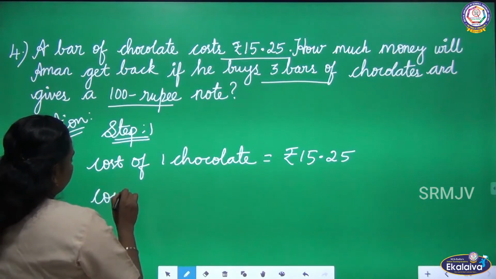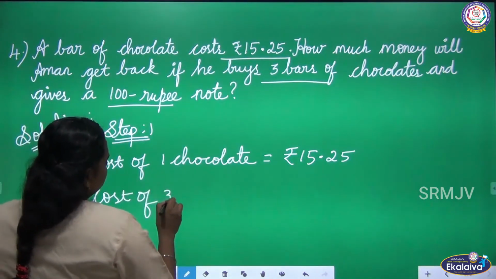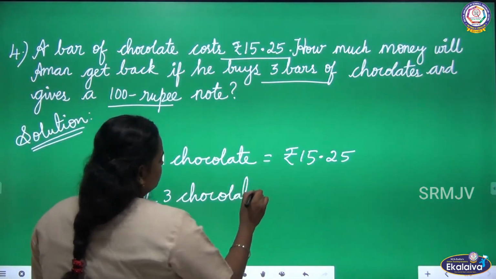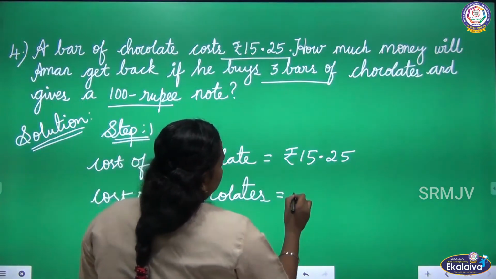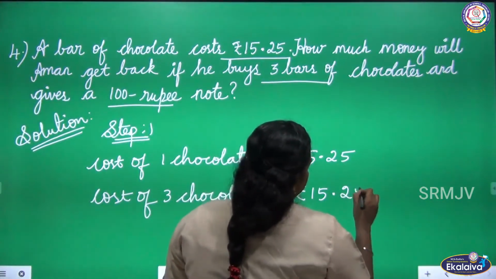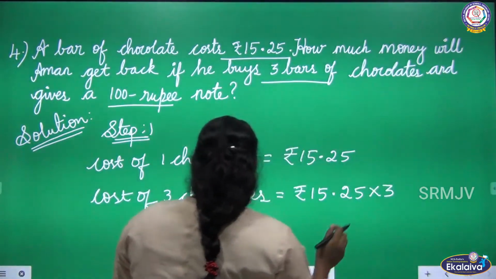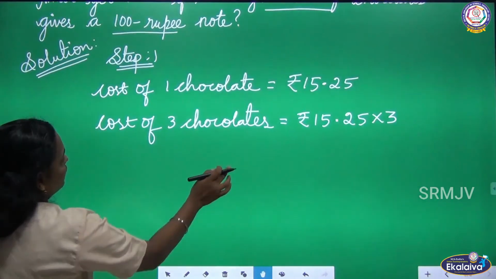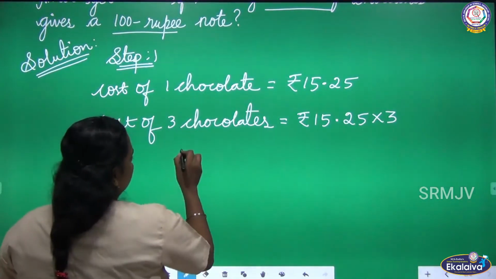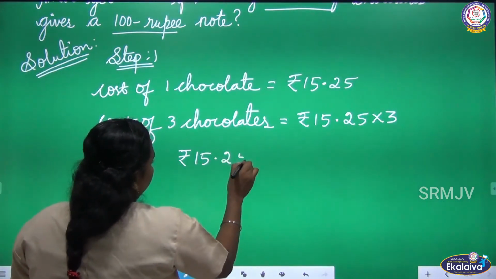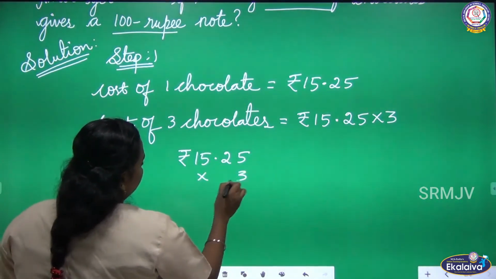So cost of 3 chocolates equal to rupees 15 rupees 25 paise multiplied by 3. So we are going to multiply by 3.